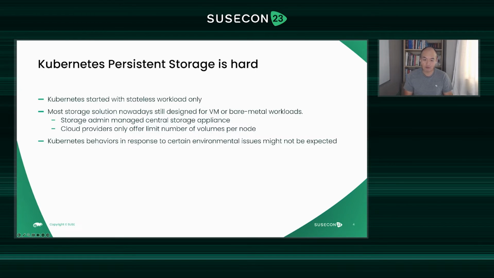For example, if a node goes down, normally with a deployment you expect that the pods running on this node will go down as well, so Kubernetes will spin up another pod on another node to continue the workload, right? But that's not the case with a stateful set if you are not doing any modification or helping Kubernetes make the decision.